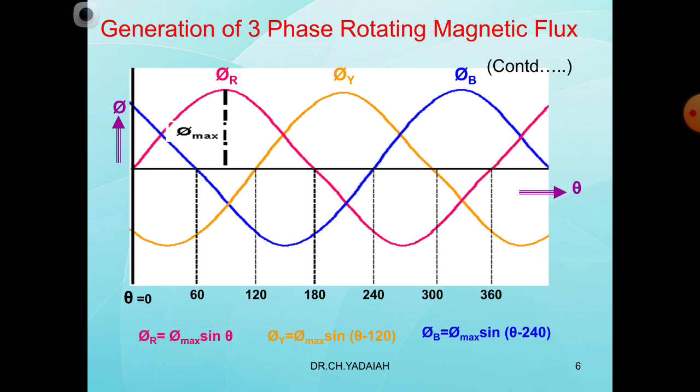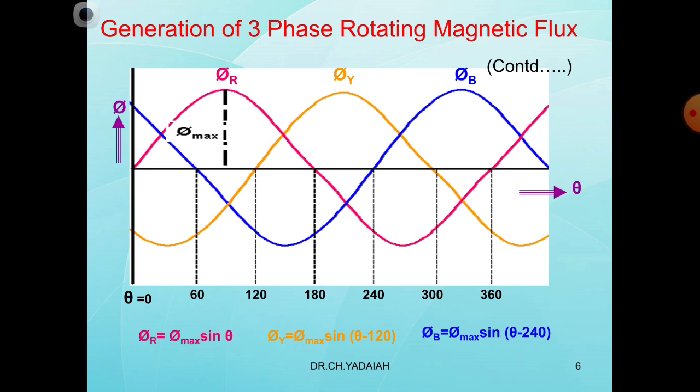Now after 120 degrees, the Y phase also starts increasing, similar to the R phase. After another 120 degrees, that is 240 degrees, the B phase increases in a similar manner. As per our knowledge, phi r is the flux produced by the R phase in the stator, phi Y is produced by the Y phase, and phi B by the B phase.